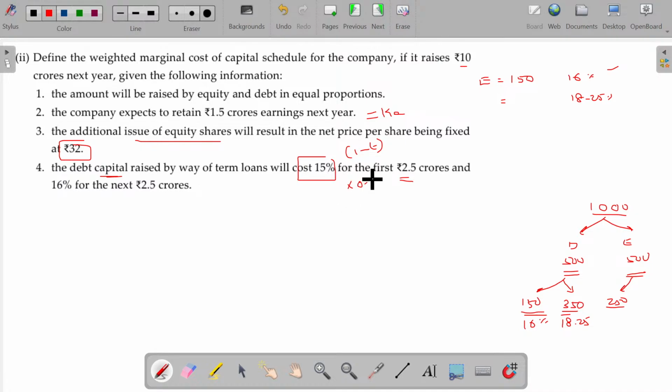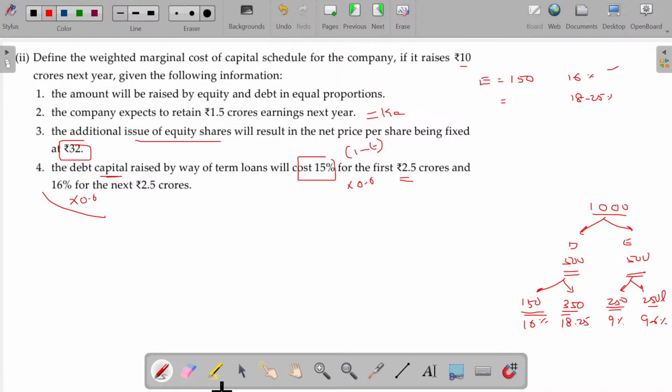So you have to multiply with 0.6 for the first 250 lakhs fundraising. The additional 250 lakhs fundraising, it costs me how much? Into 0.6, 1 minus T. So it costs me 9.6. Is that okay?